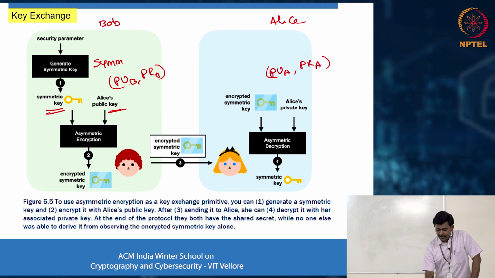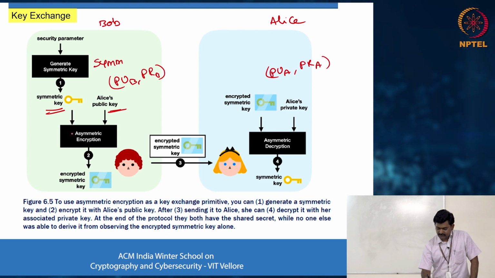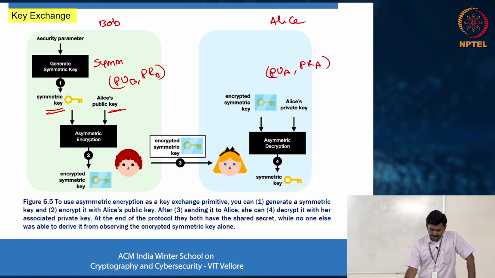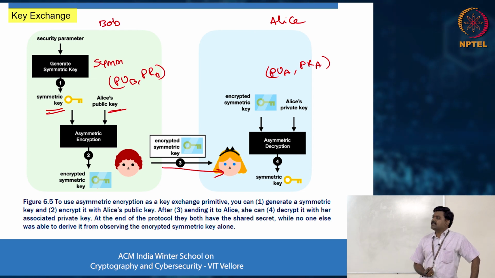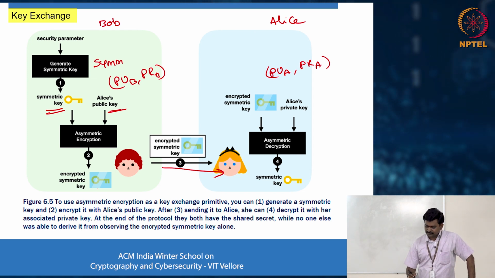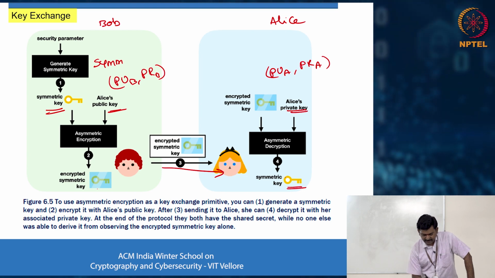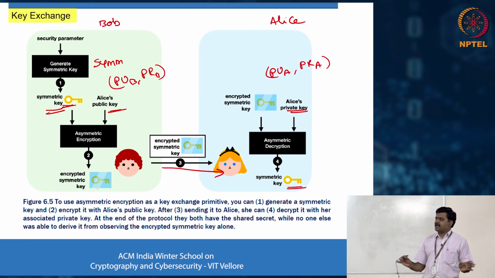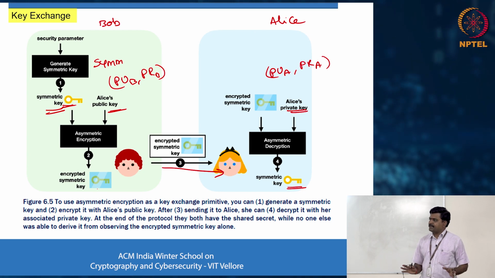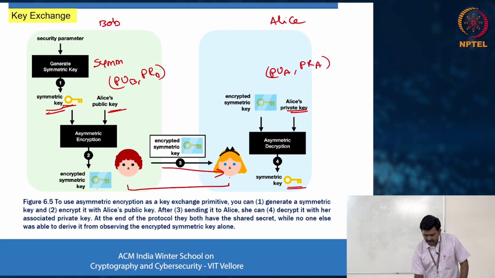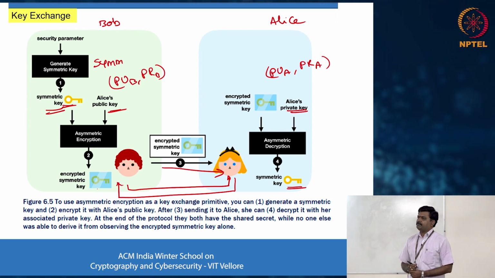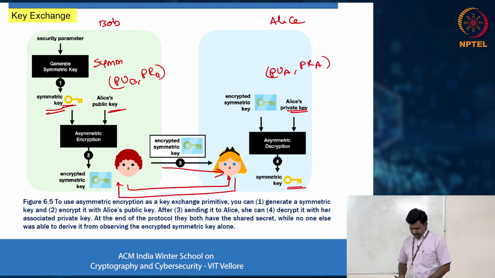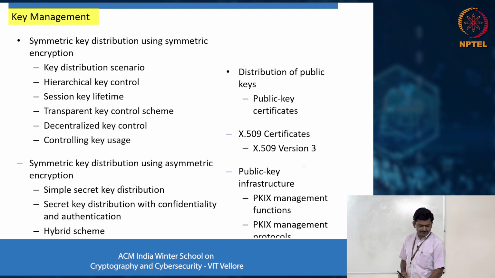So Bob has encrypted the symmetric key with Alice's public key, and then this encrypted symmetric key is shared with Alice. So Alice decrypts that with her private key, and then gets the symmetric key.